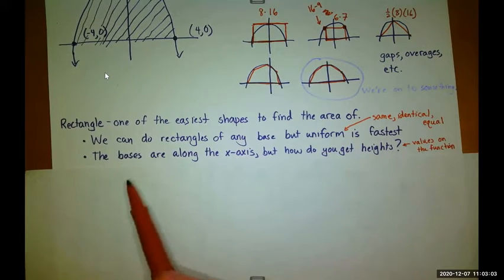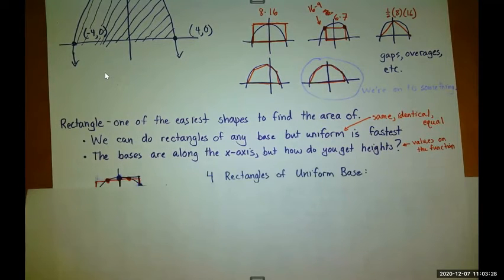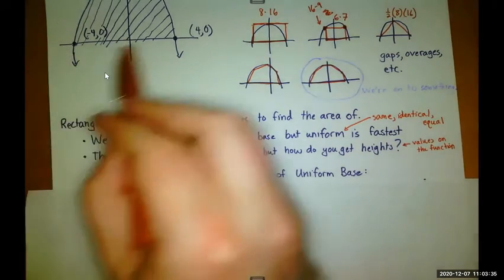So once we're able to do the bases, we can get the heights by substituting those x values into the function. And then to give you a big picture idea of where we're taking this, we're going to do this 3 ways. Well, that's not true. You have the option of doing it 3 ways. How do you know which way is better? Well, depends. But more on that later.